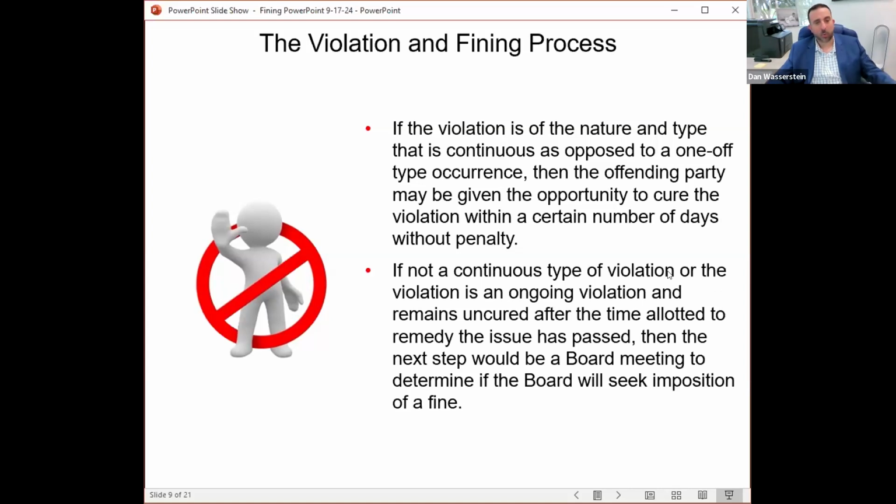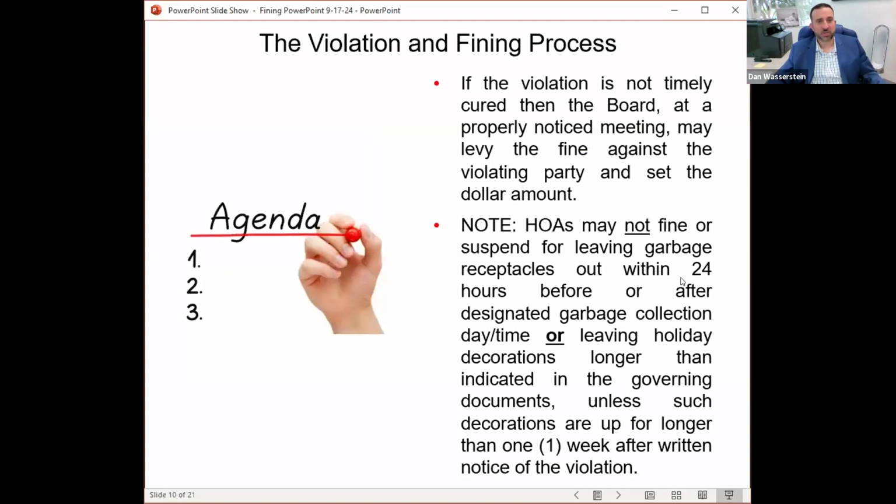So when you have a one-off, or an ongoing violation where the time you've given the person to cure has passed and you've double checked and they haven't fixed the issue, that's usually when you would go to the next step, which is a board meeting to determine if the board is going to impose the fine. The board would do that at a properly noticed meeting.